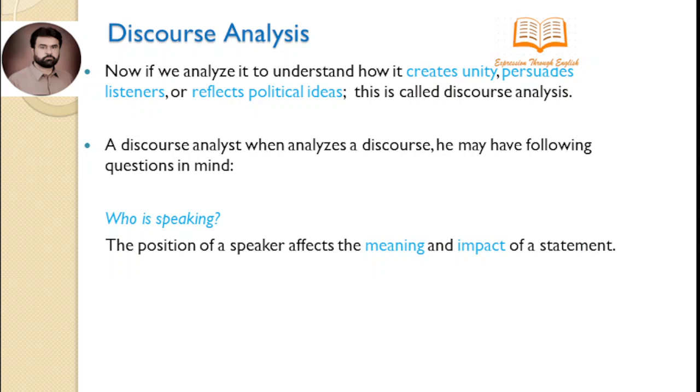The position of the speaker always affects the meaning and the impact of the statement. So if a politician says that particular sentence, the meaning would be different, impact would be different. If a teacher says that, the meaning between the teacher saying and the politician saying would be entirely different, right? And the impact would also be different, right?